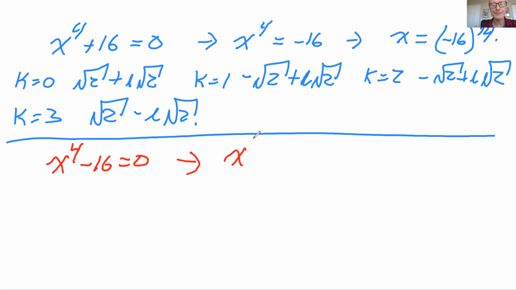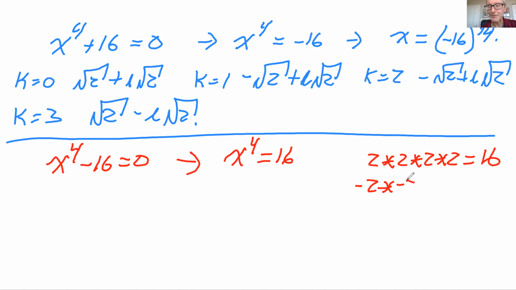So that would be x to the fourth equals 16. So what do we know? Well, 2 times 2 times 2 times 2 equals 16, right? So that would be one answer. We also know minus 2 times minus 2 times minus 2 times minus 2 equals 16. That would be the second answer.